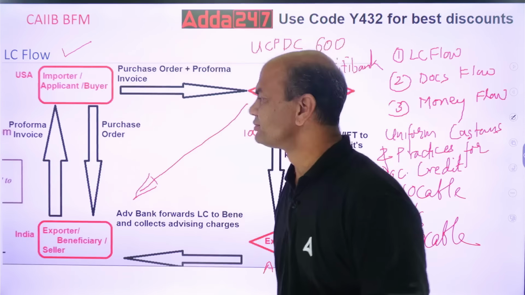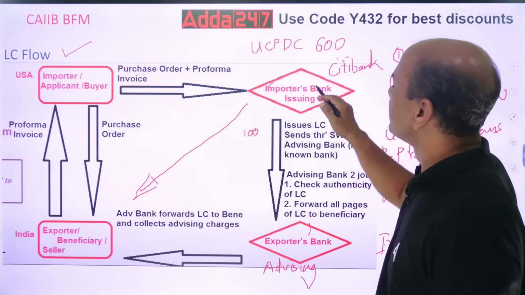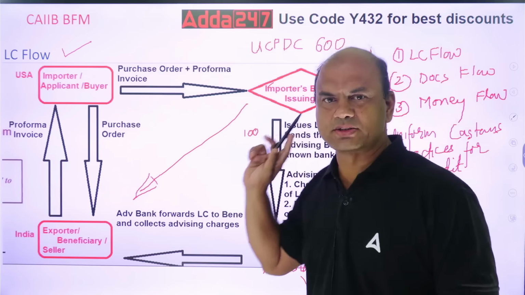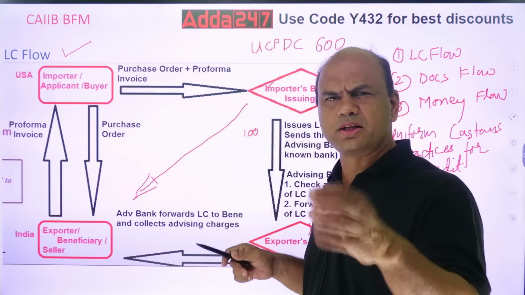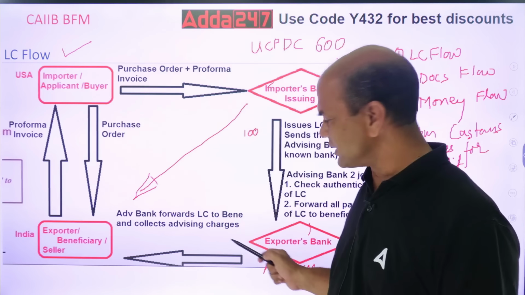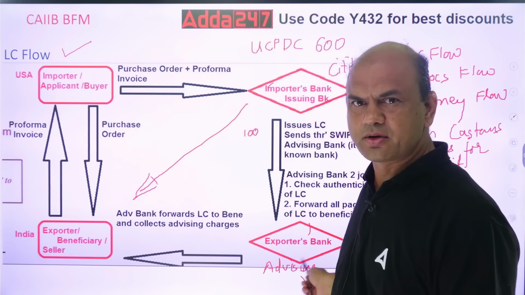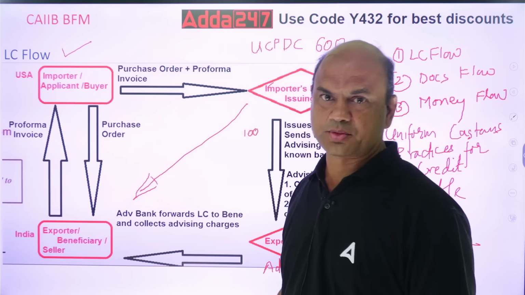The issuing bank issues the LC. Now pay attention. It has issued the LC to this person through SWIFT. It has reached the advising bank. From here it has reached the seller, the exporter.